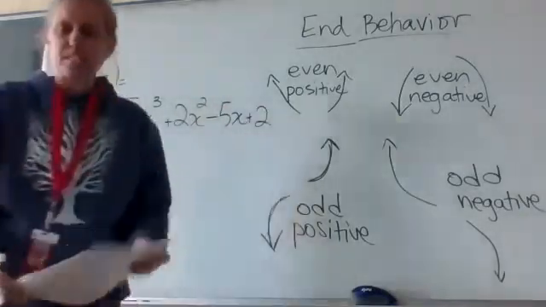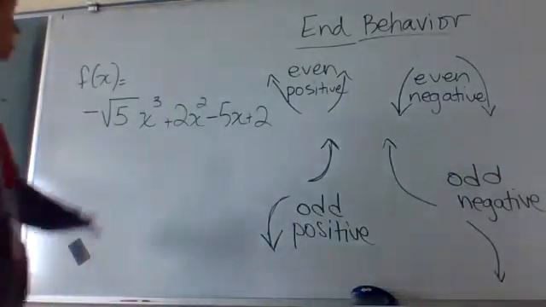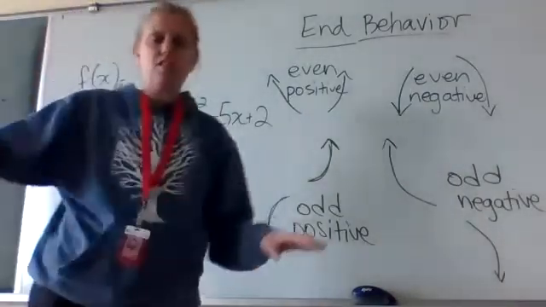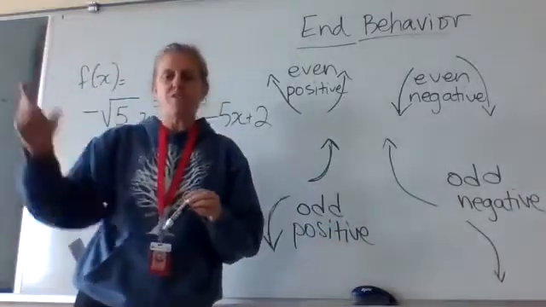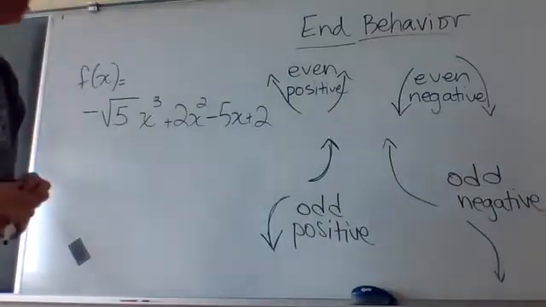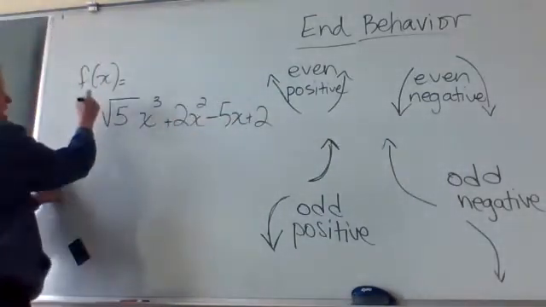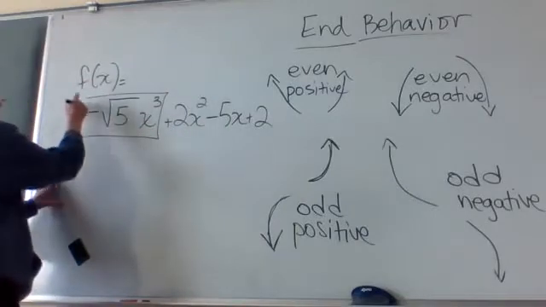And it's a multiple choice kind of problem, and it just wants to know what the end is going to look like if you put that in your y equals and graphed it. Well, like I was talking about, what makes that happen is you go through and find the term that has the highest exponent, which would be this one.